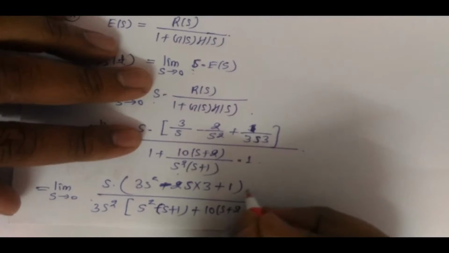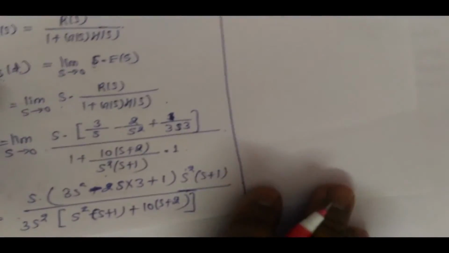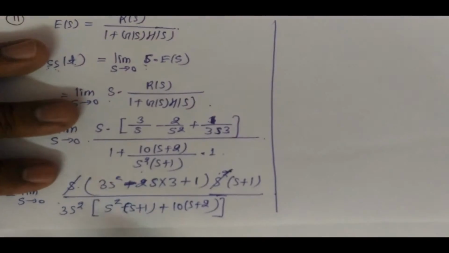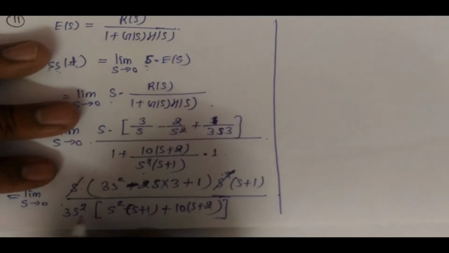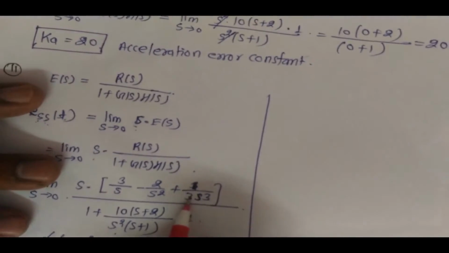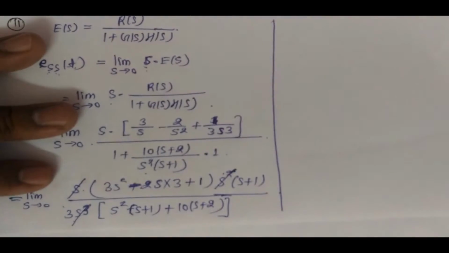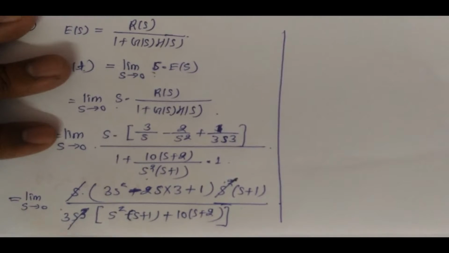The denominator part goes to the numerator part. Now this becomes s square and s, or s cube, sorry, this is the 3s cube, then s cube to s cube cancel, there is the 3 here. Now put s is equal to 0 here, see what happens.